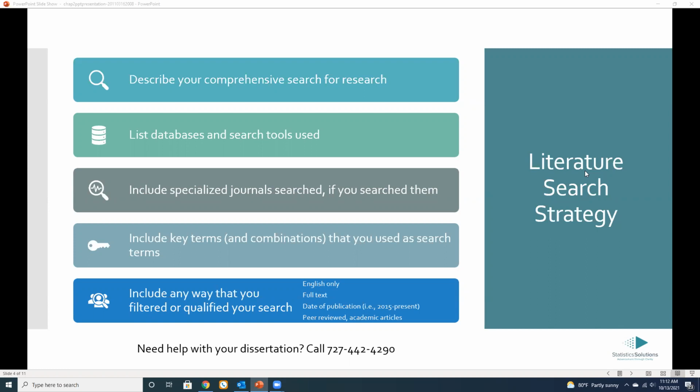And it's important to put that in your literature search strategy section, because it's important to show that you focused primarily on that research. Again, not a difficult section and usually pretty short, but like a lot of the sections of the dissertation, it's always helpful to use your resources: go to webinars, do searches online, use your reference librarians.